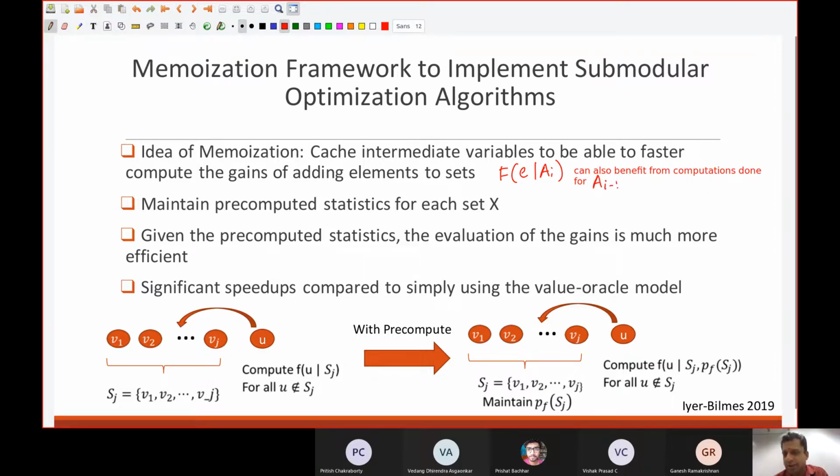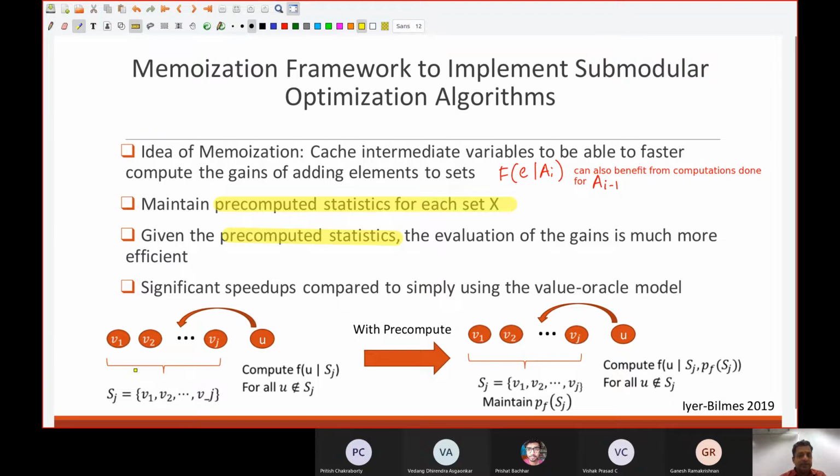Okay, this is getting more into engineering, but it's very important. This also has important mathematical underpinnings. It turns out that this can be done by use of pre-computed statistics for each set X. So given the pre-computed statistics, the evaluation of the gains is much more efficient.